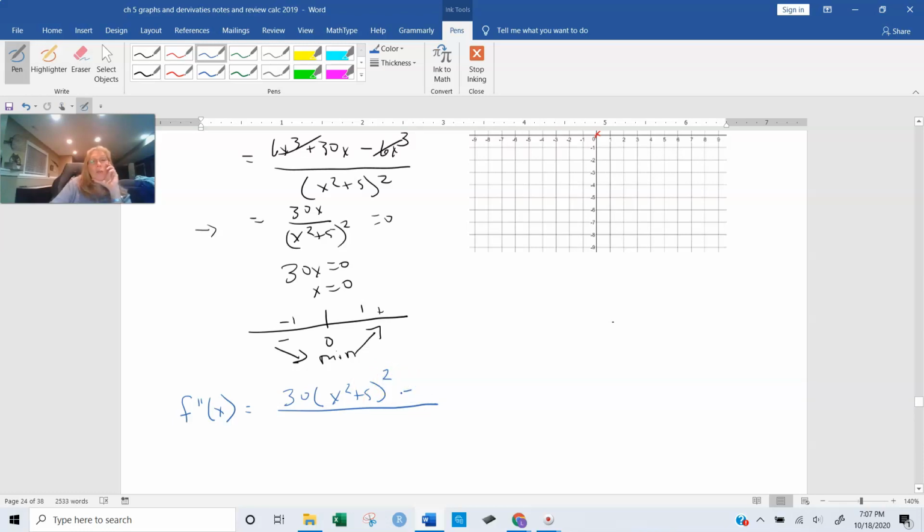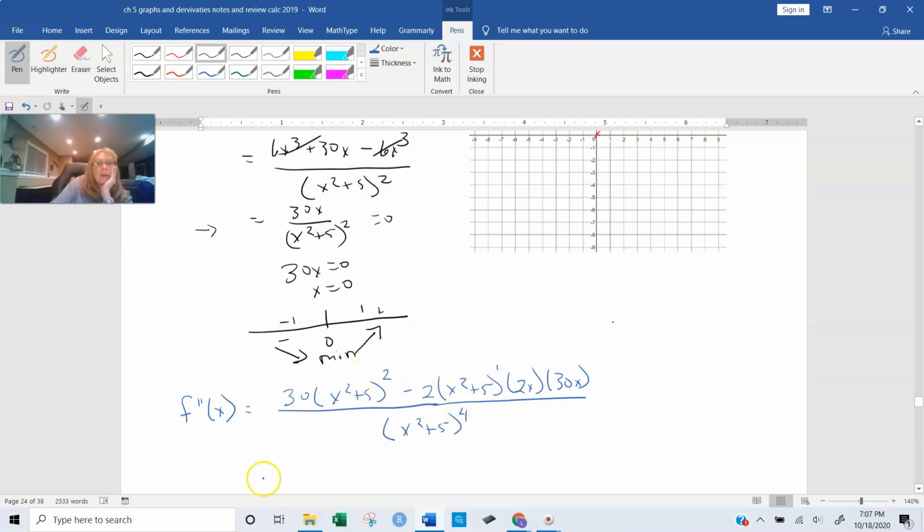Now we got to use the chain rule here in order to get that. So we take the 2 down in front, so that's 2 times the inside, x squared plus 5 to the first power, times the derivative of the inside, which is 2x, right? Times the numerator, which is 30x. Okay? All over denominator squared. So that's x squared plus 5 to the 4th power.